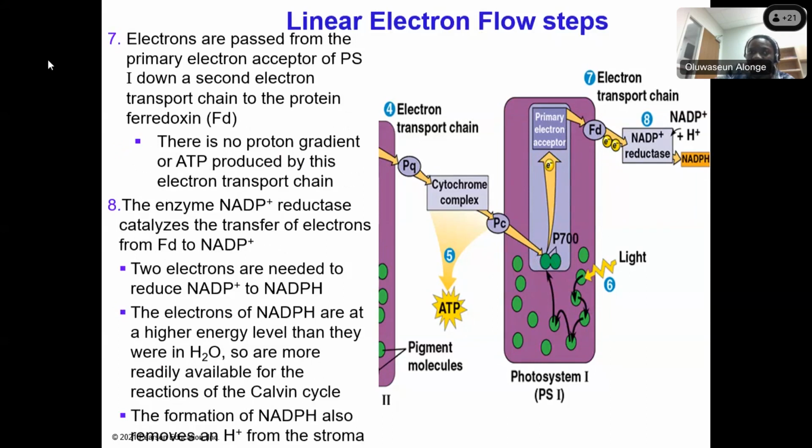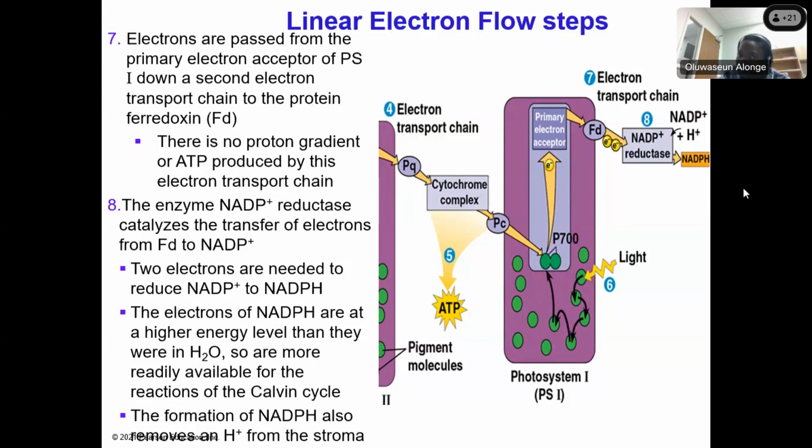Electrons are passed down from the primary electron acceptor of PS1 down a second electron transport chain to the protein ferredoxin. There's no proton gradient or ATP produced by this electron transport chain.